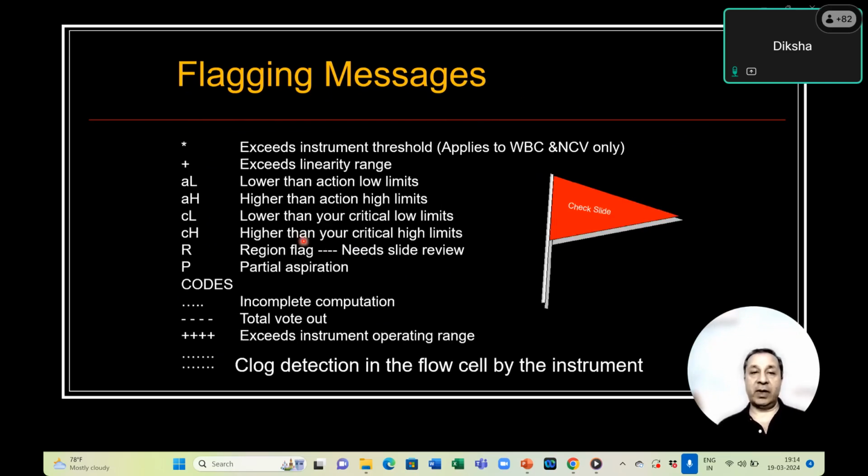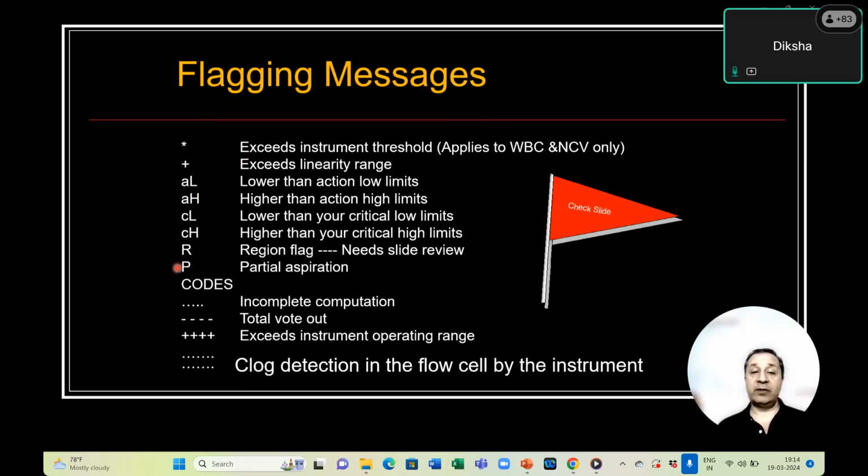For example, the asterisk message which comes in some of the analyzers means that it's exceeding the instrument's thresholds. Plus means it's exceeding the linearity range. AL means it's alert low. Similarly, AH means it's alert high. CL is critically low, or CH, critically high.